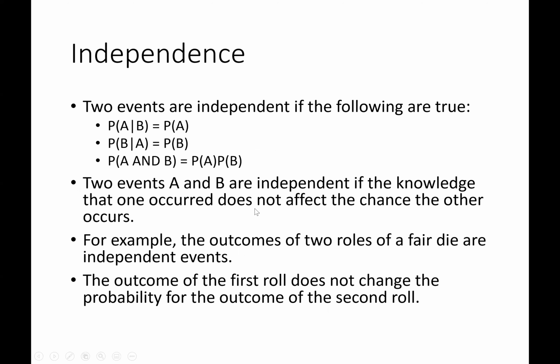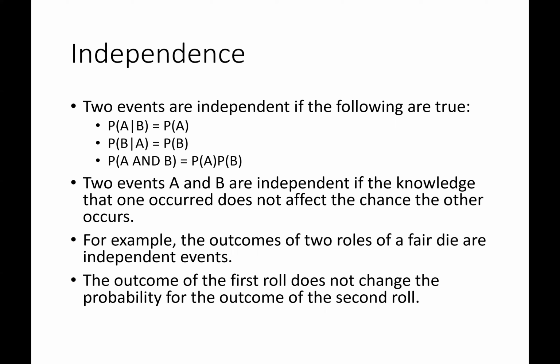And just to remind you, we just talked about this a minute ago, what constitutes two events being independent. They're independent if one event in no way, shape, or form affects the other event. For example, we just looked at tossing two coins.